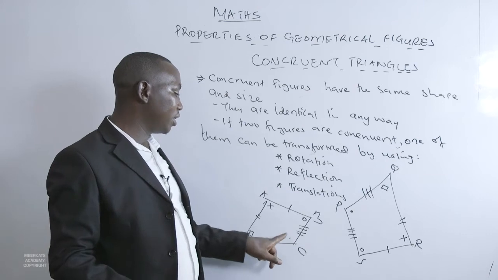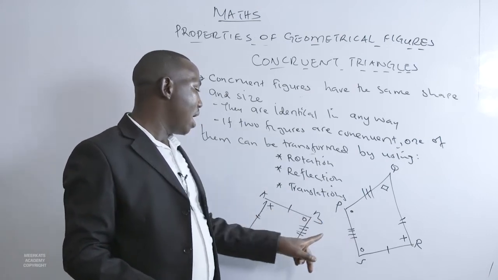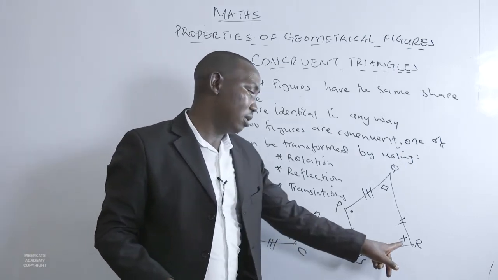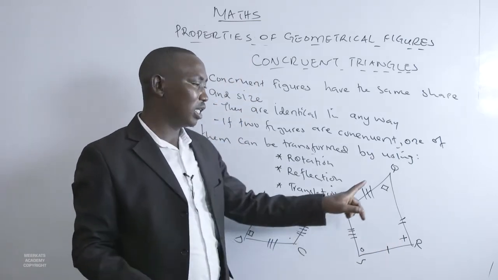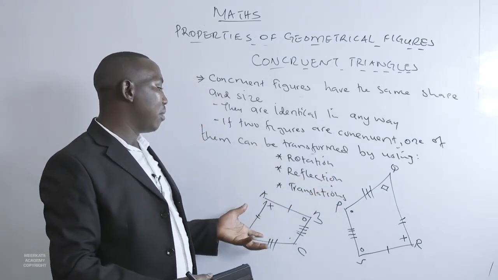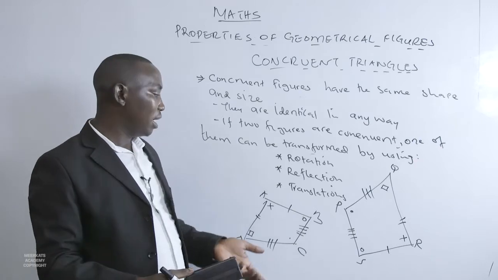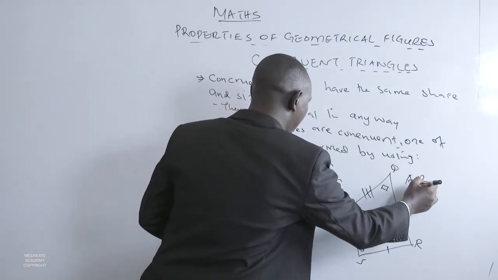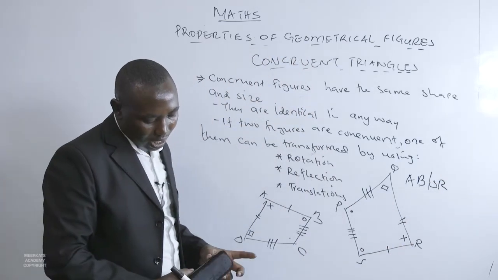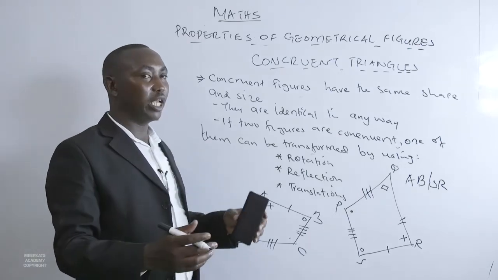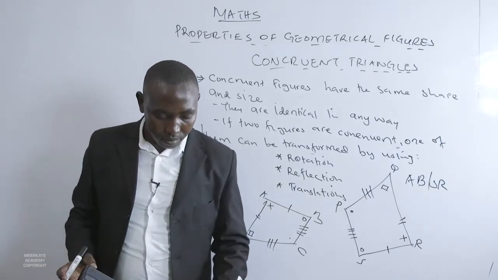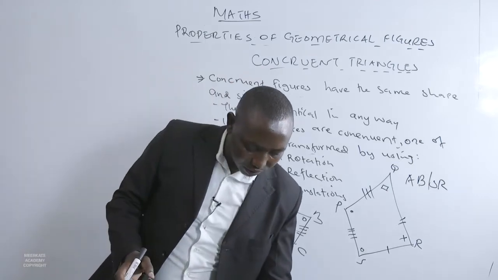Then on the angles, angle C corresponds to angle P, angle B corresponds to angle S, angle A corresponds to angle R, and angle D corresponds to angle Q. So in this figure, we call those sides matching sides. As mentioned, AB matches SR, so SR and AB are referred to as matching or corresponding sides. For the angles, we refer to them as corresponding angles or matching angles.